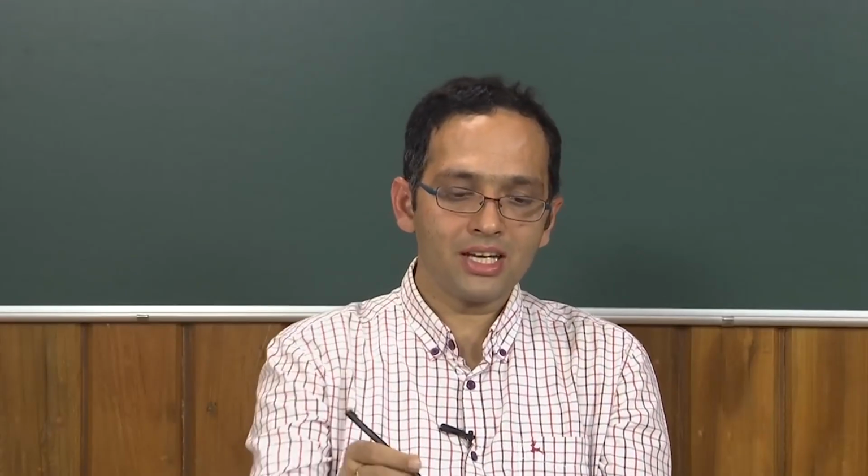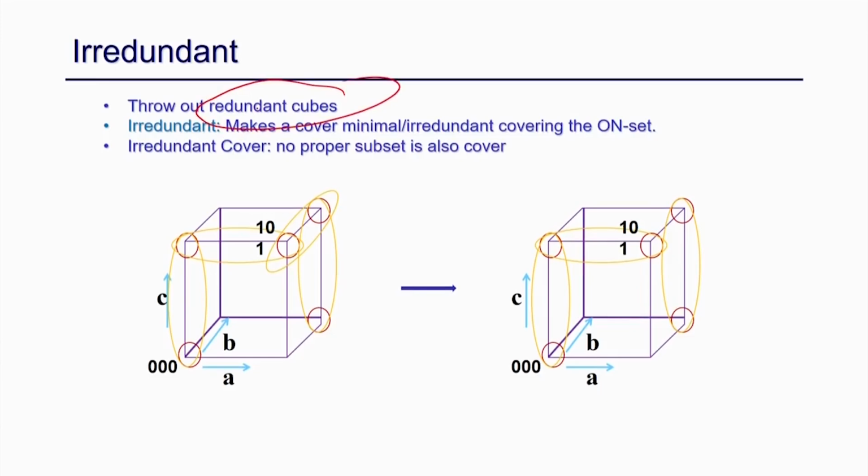So, that is a redundant one, and the operation basically throws out the redundant cubes. For example, here I have 4 cubes covering all these 5 minterms. You can see here this is already covering these 2, this is also covering these 2, and this is covering these 2.